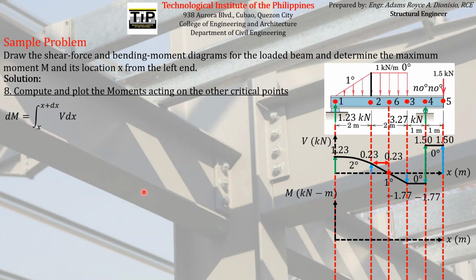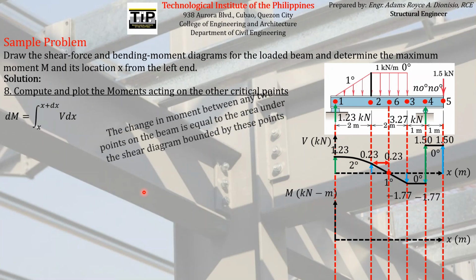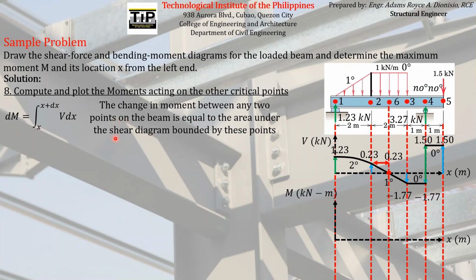Again, we can use the information that we derived at the start of our lecture. We have known that the change in moment between any 2 points on the beam is just equal to the area under the shear diagram bounded by these points.